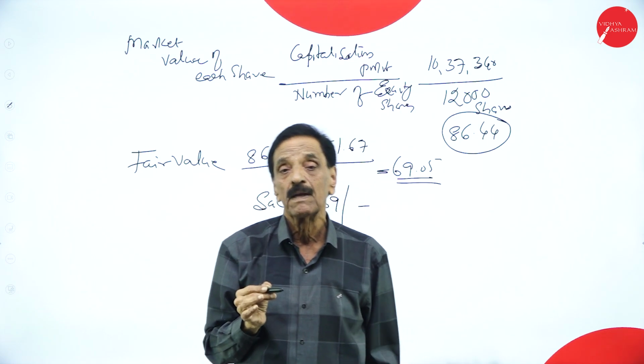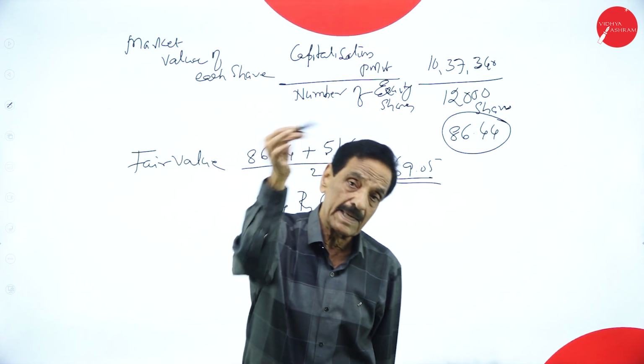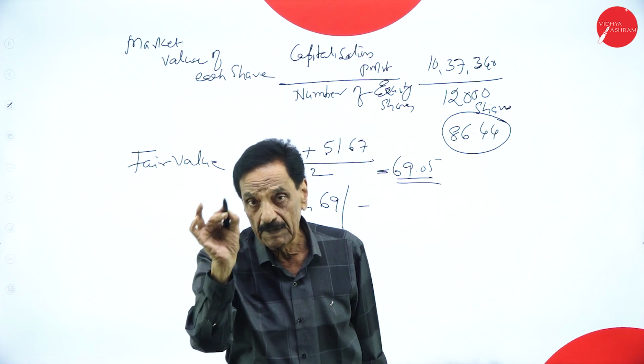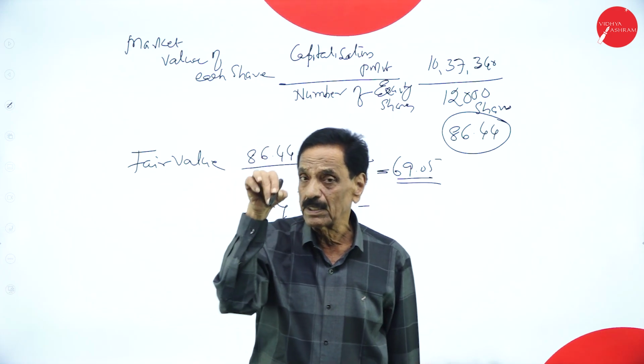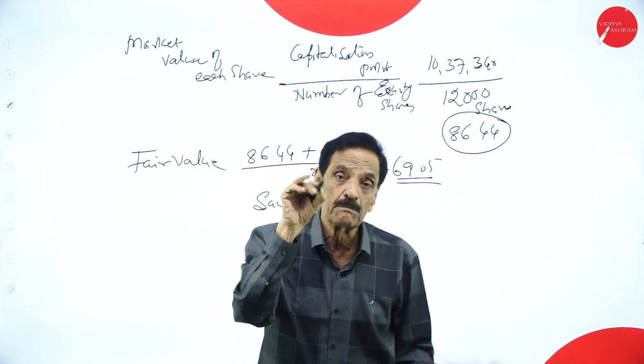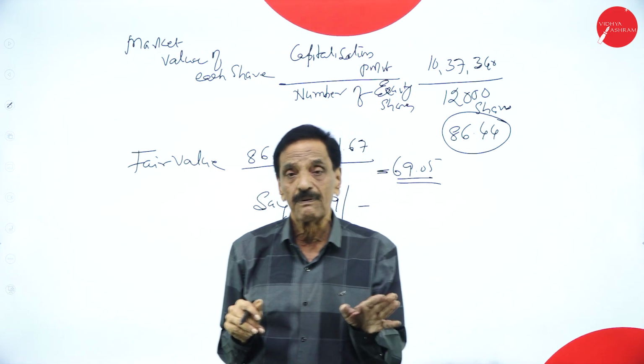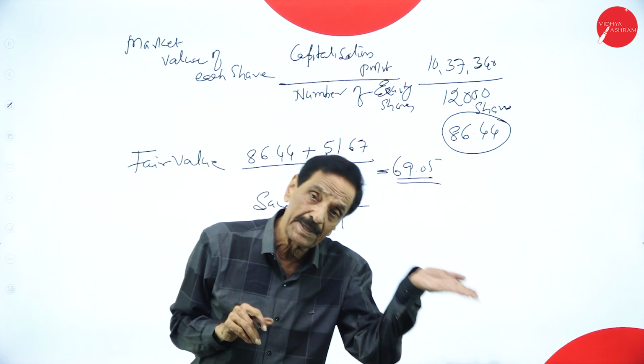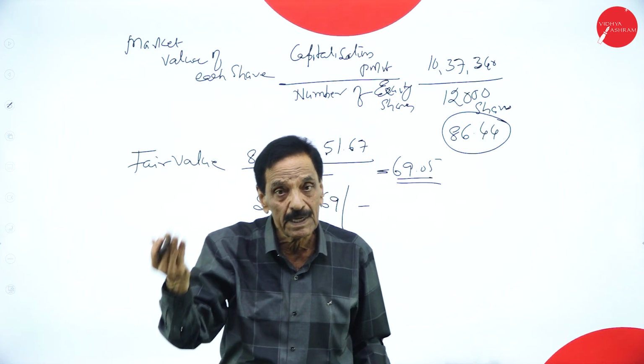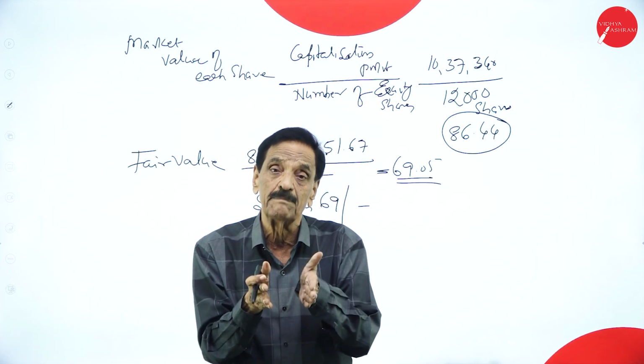Whatever the difference comes, that's the profit available. Then capitalize the profit: profit available divided by NRR. Whatever the answer comes, divided by number of shares, then you'll get the market value of each share. Fair value: answer as per net asset method, answer as per the yield method, add both divided by 2.